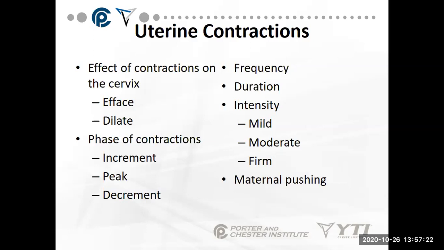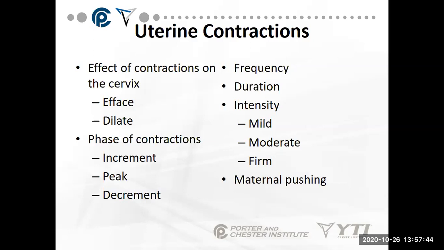When it reaches that peak, at some point it has to calm down and relax. Blood flow has to get back to the baby, to prevent any type of fetal hypoxia.